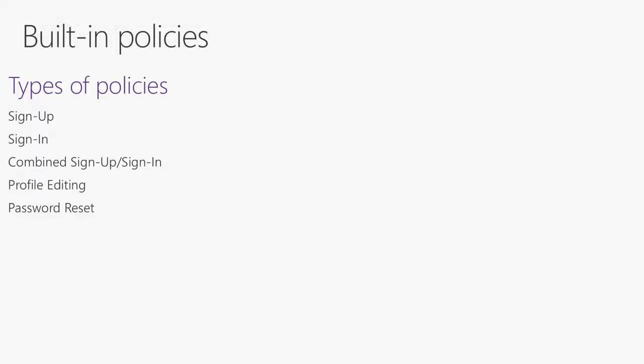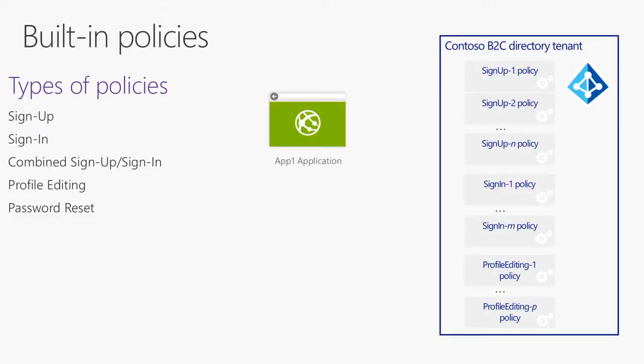Cool. All right. So policies. This is like the power. This is like the awesomeness about Azure AD B2C. It's really the policies. Why? Because you're basically modularizing what you have when it comes to identity experience from your app. You're taking the two apart and not getting them mixed up.